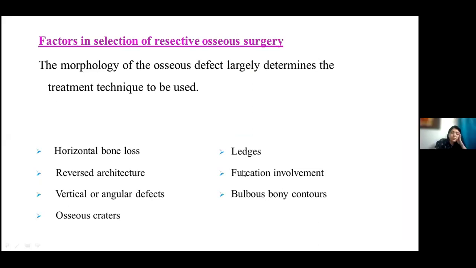Then in shallow vertical defects, you can do reverse architecture. Furcation involvement: where you have grade 2 furcation defects, you can do a procedure called tunneling, grade 2 and 3. What happens is there'll be one deficiency in the furcation area.